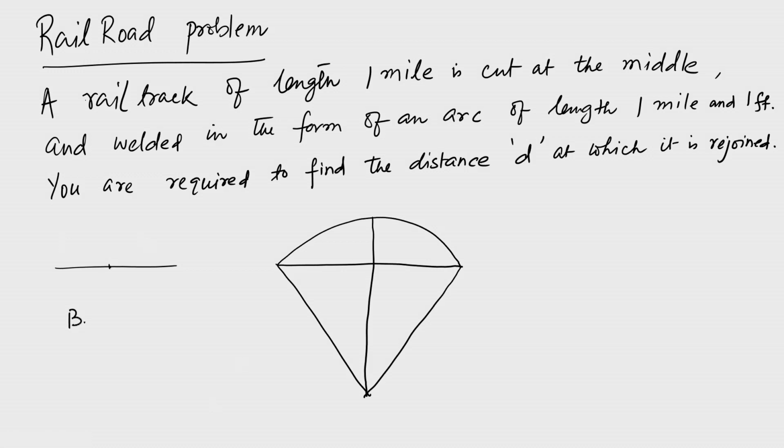And this is after it is cut and welded. All right. So, this is 1 mile. This is half a mile, let us write it with a small mi for a mile. So, this is half a mile and this is half a mile.